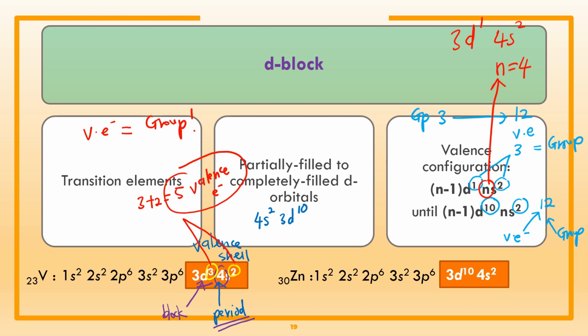So, which one is the period? This is the period. And how about the block? Block you should find from the 3D. Okay, so this will be the block. And for the valence electron, you have to add 10 and 2. So, the total of the valence electron will be 12. Valence electron 12. Group pun adalah group 12.